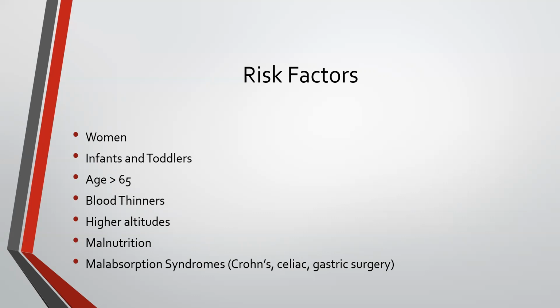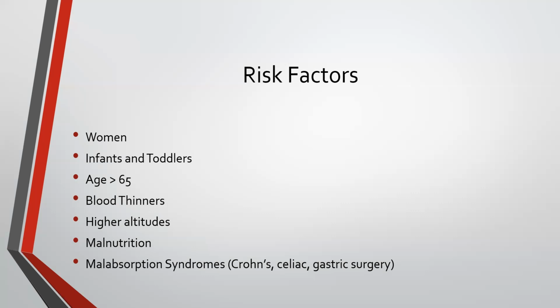So oftentimes in this situation, and I think I say it again a little bit later on, but just in case I don't, these would be your populations that you would add iron drops or iron fortified cereals, like the rice cereal, oatmeal, to the infant and toddler diet.